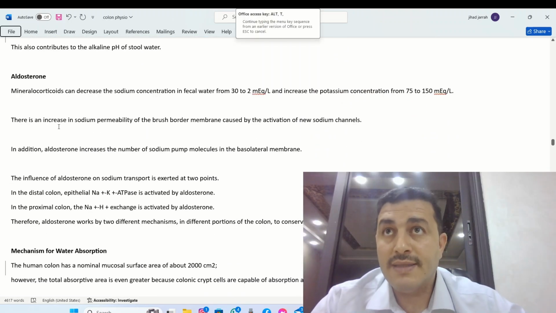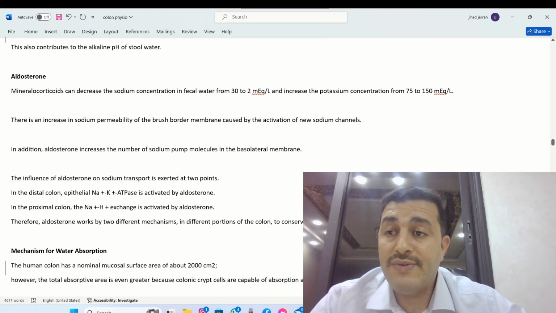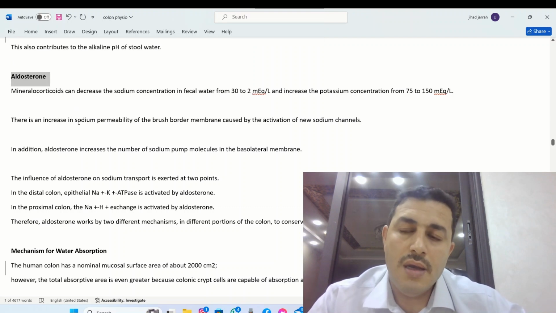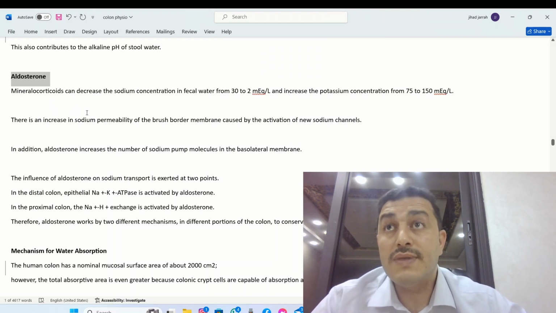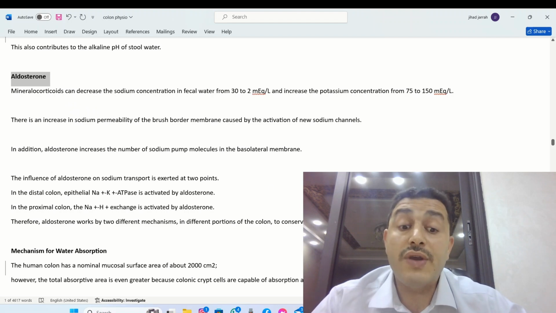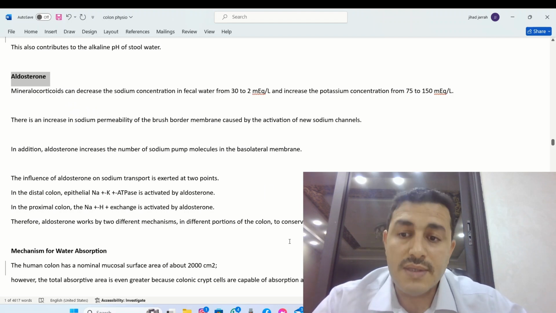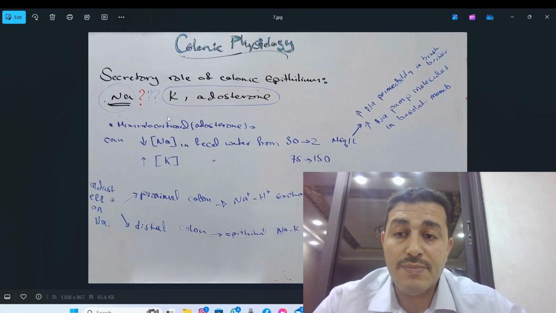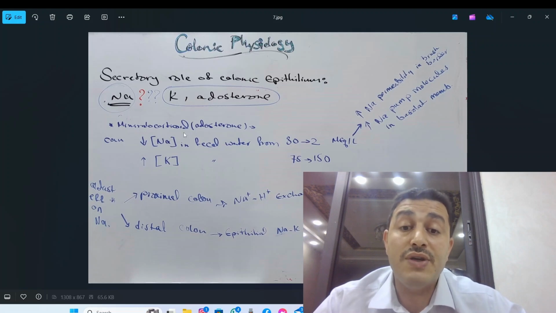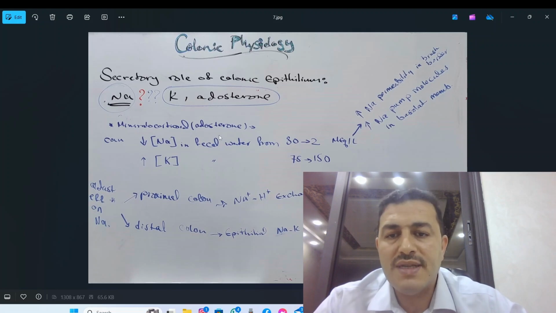We said that potassium, sodium, water, all under aldosterone regulation, and it increases the potassium concentration of feces and decreases the sodium concentration. This is by different mechanisms in the distal and proximal colon. You can see that sodium concentration in feces can be decreased from 30 to 2 milliequivalent. How does this occur?